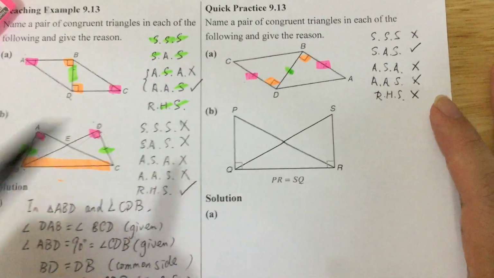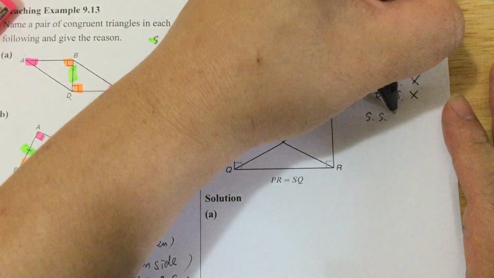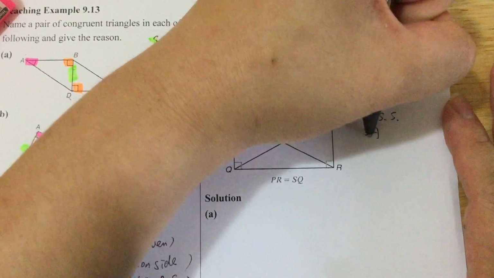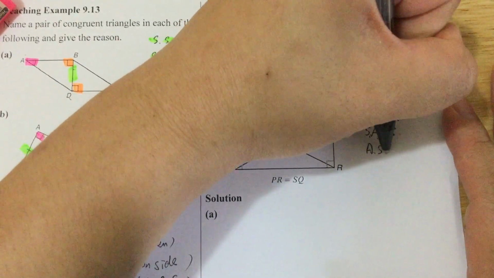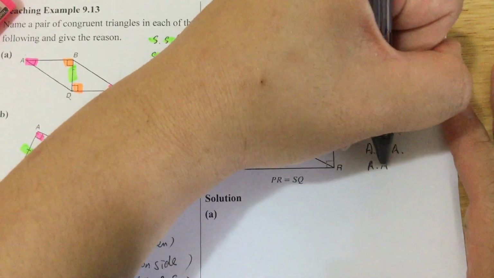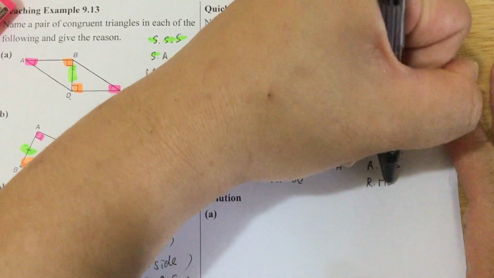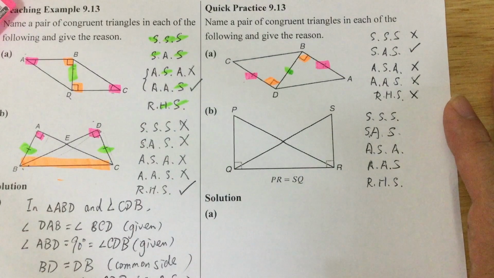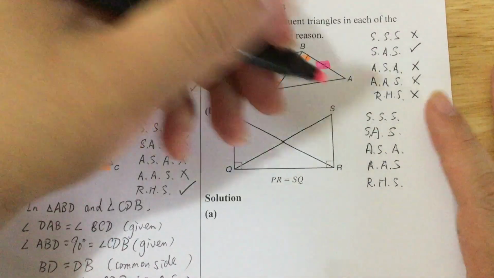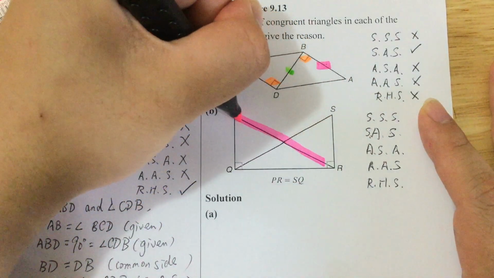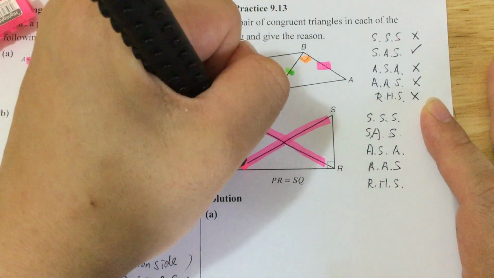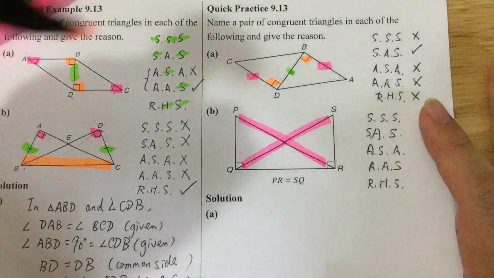And for the second part B, we choose once again SSS, SAS, ASA, AAS, and RHS. Okay, let's highlight three conditions. First of all, we have PR equal SQ. This is a straight line. We have the right angle here.